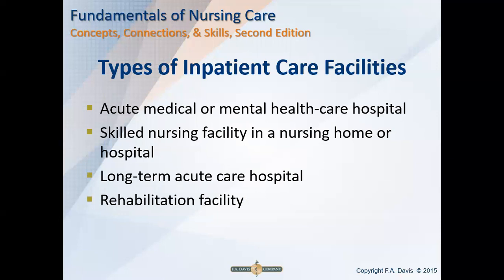Types of healthcare facilities are basically acute medical and mental health care hospitals, skilled nursing facilities in a nursing home or hospital, long-term acute care hospitals, and also rehabilitation facilities. You see the acute medical or acute mental health care hospital.